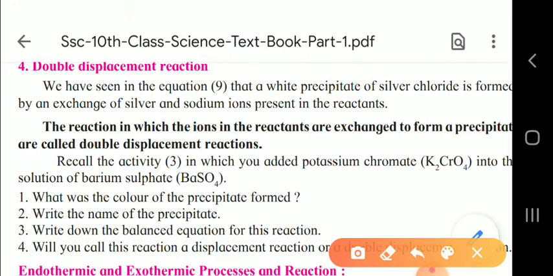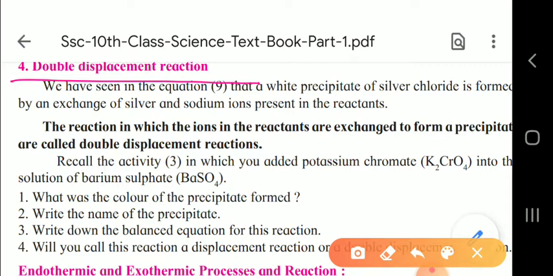Now next we'll see double displacement reaction. So far we have seen combination reaction, decomposition reaction, displacement reaction, etc. Now we will see the double displacement reaction.